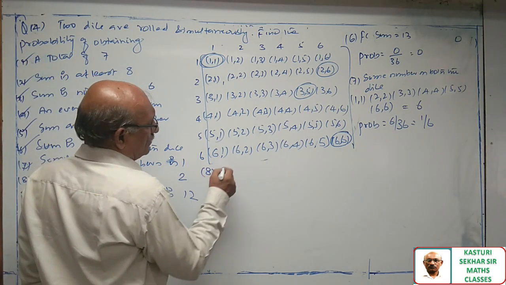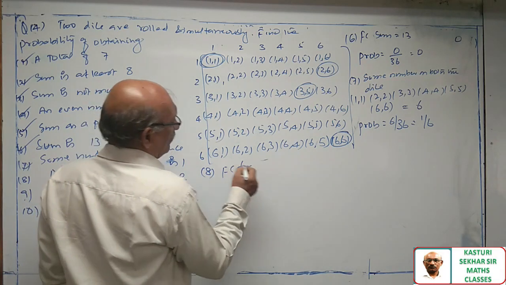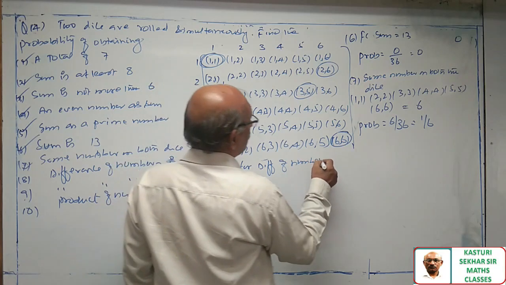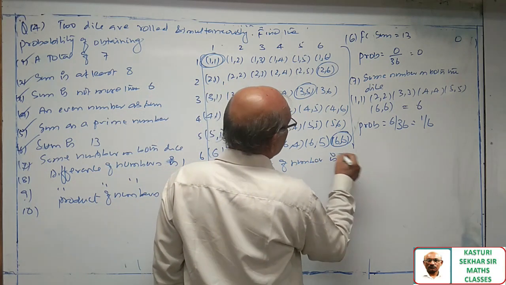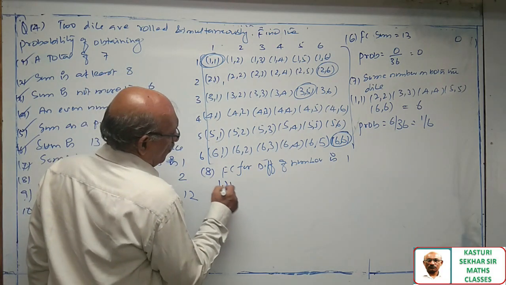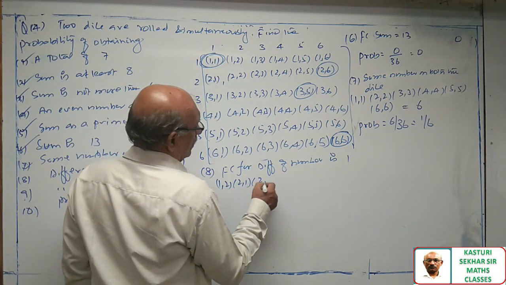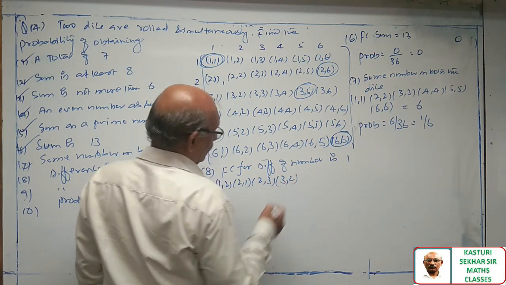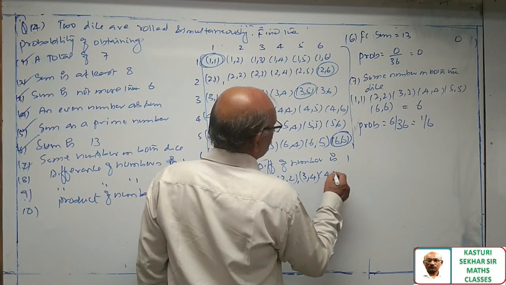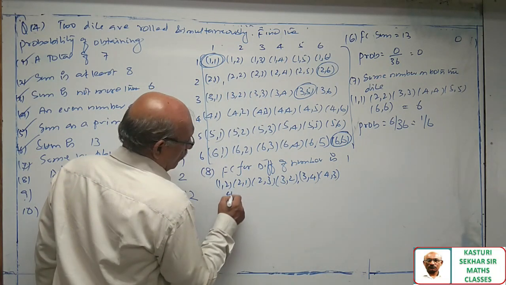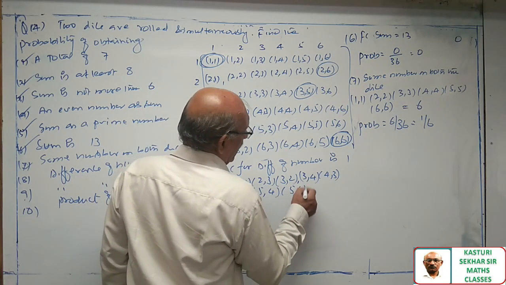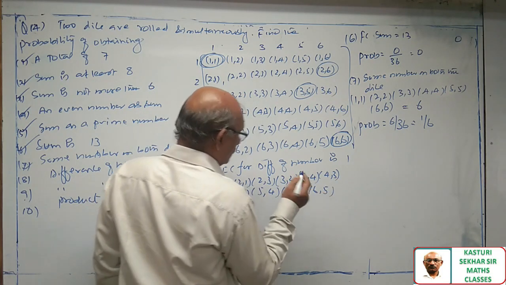Next, question number 8. Favorable cases for difference of numbers is 1: 1 comma 2, 2 comma 1, 2 comma 3, 3 comma 2, 3 comma 4, 4 comma 3, 4 comma 5, 5 comma 4, 5 comma 6, 6 comma 5.